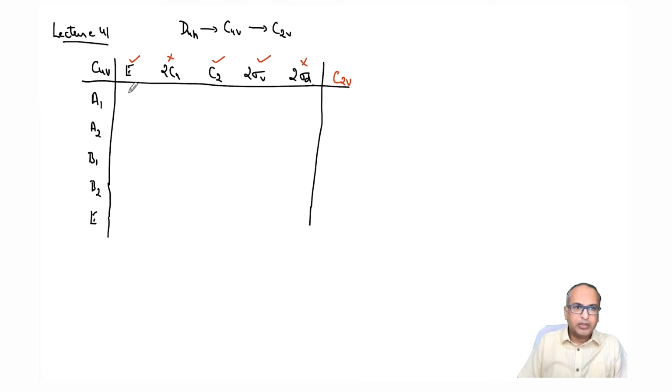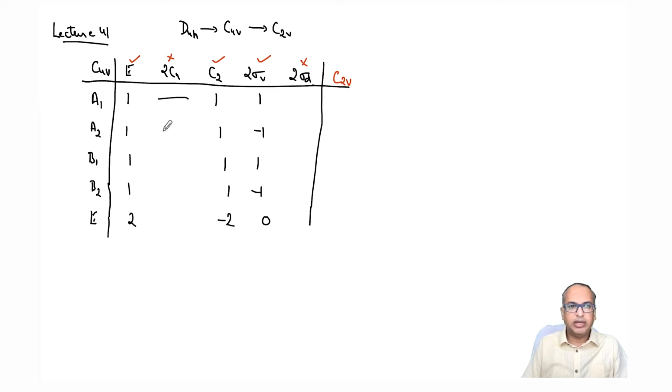So for A1 it is 1, 1, 1, and then for A2 it is 1, 1, minus 1. For B1, B2 also it is 1, 1, 1, and 1, 1, minus 1, and for E this is 2, minus 2, 0. Okay, so there is nothing here.